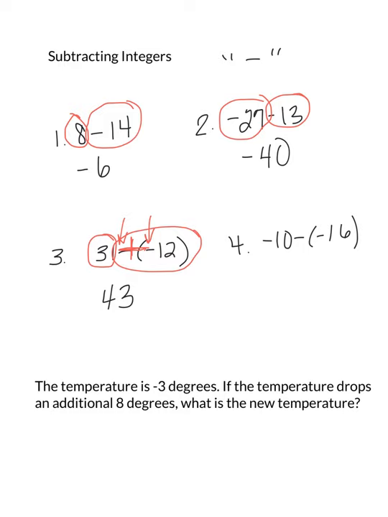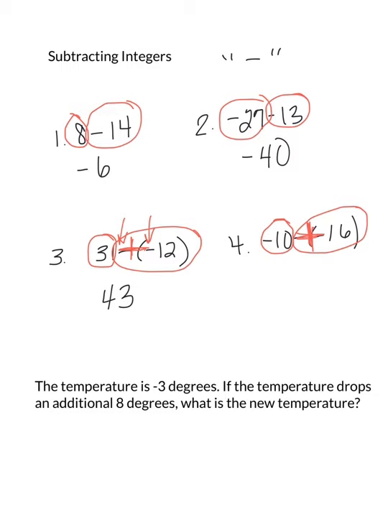So again, circle your terms and put them together. First term I see is a negative 10. Second term I see is that negative 16. Negative 16 means, what is the opposite of negative 16? Well, that's going to be that positive. Anytime you got those double negatives, it creates that one big plus sign. So in actuality, when you are putting these two terms together, you have a negative 10, positive 16.